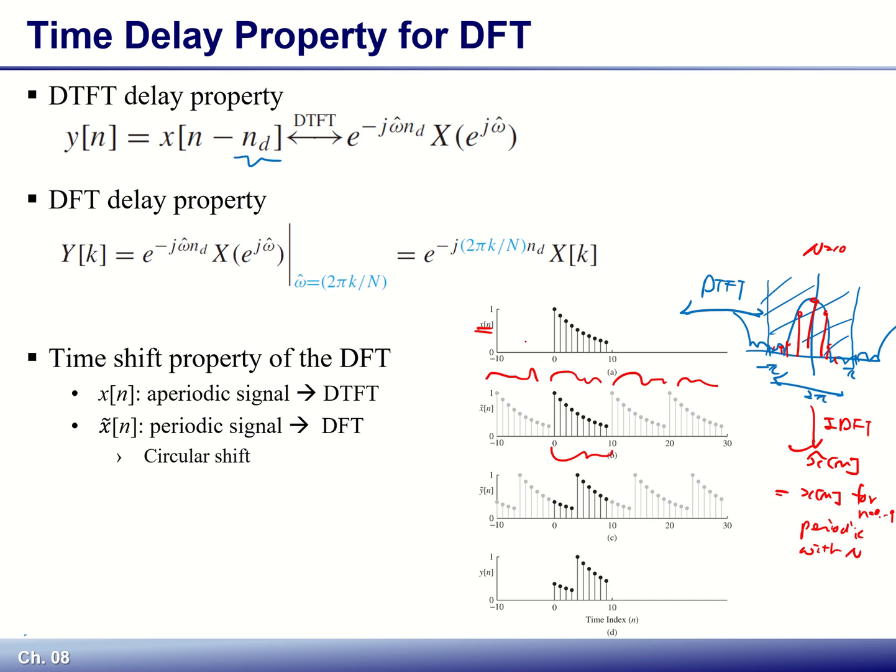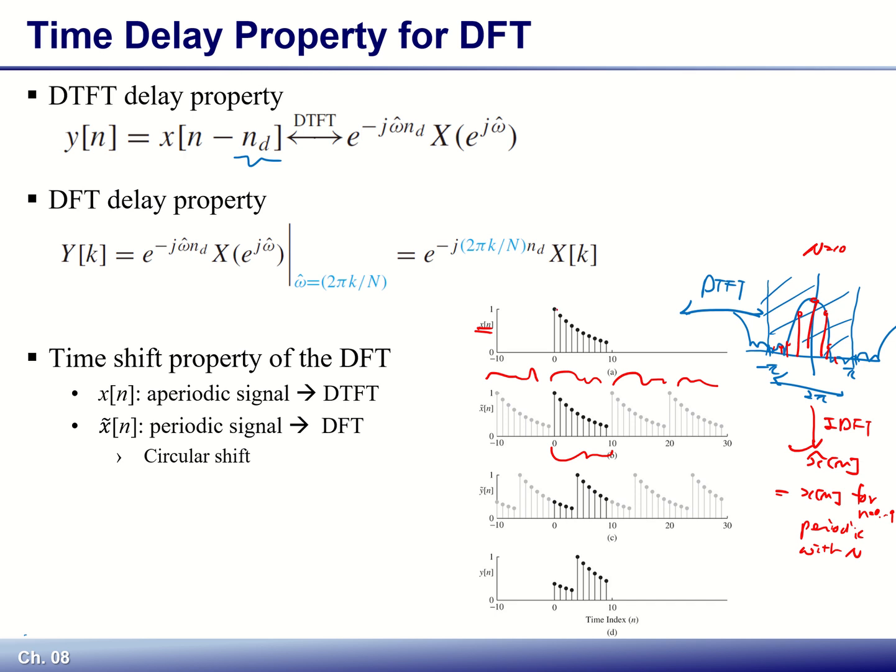What if the time period is shifted like this? Then you move from here, then like this. So due to the periodicity of the DFT, it is a circular shift.